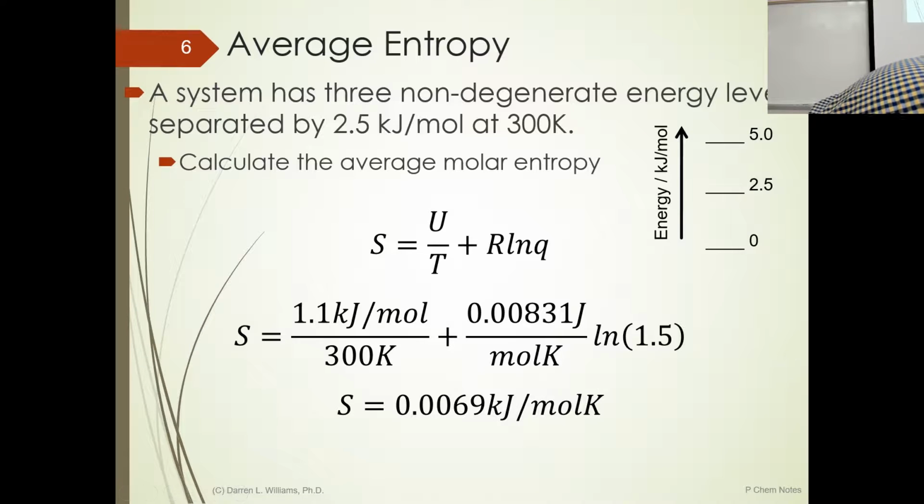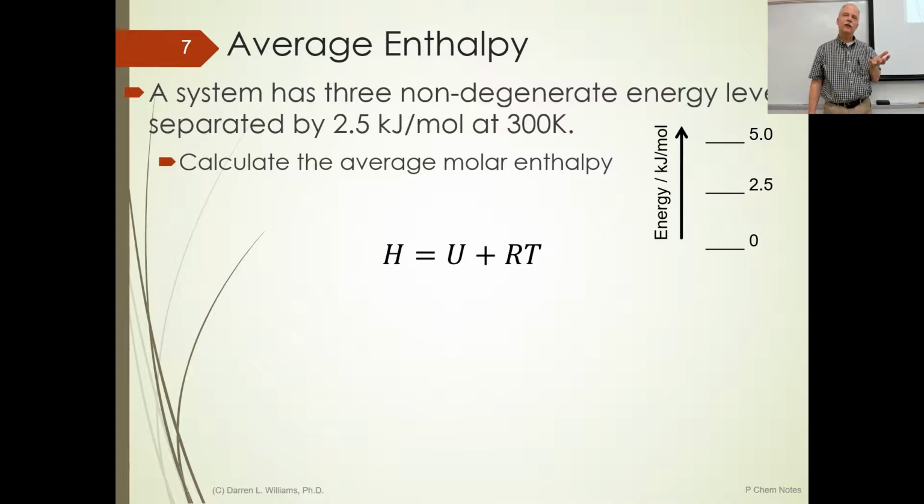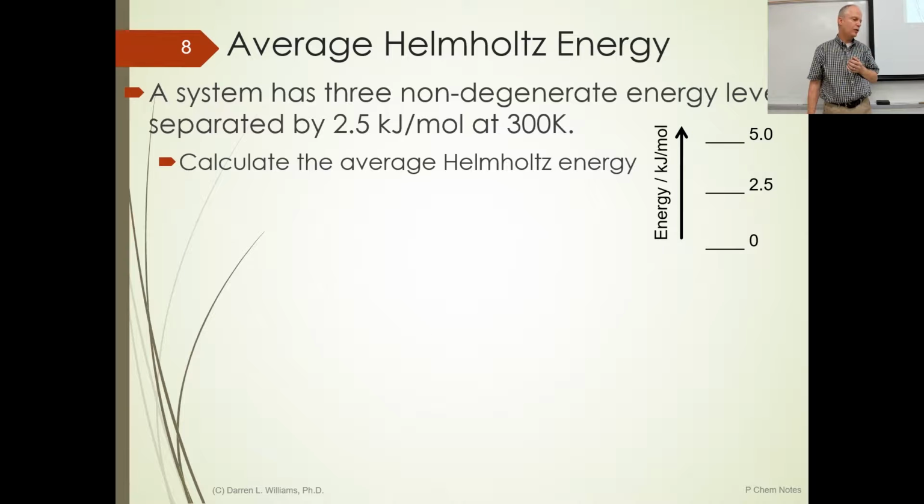Excellent, thanks. Okay, and so then the enthalpy, you need the internal energy also to calculate the enthalpy. So you have U plus RT. And so there's our enthalpy, 3.6 kilojoules per mole. And then the Helmholtz energy, which would be this. Your thinking is probably trained to think in terms of Gibbs free energy for determining if something's spontaneous or not.